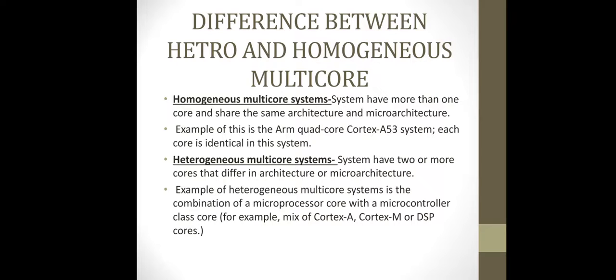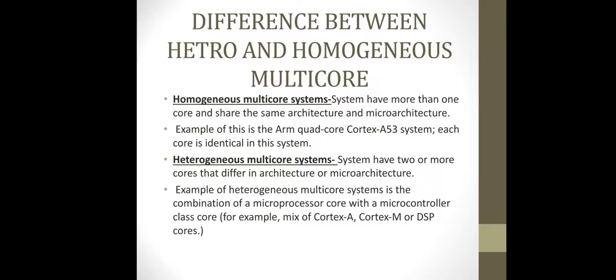And in heterogeneous multi-core systems, the difference from the homogeneous multi-core system is that we have two or more cores that differ in architecture or microarchitecture.